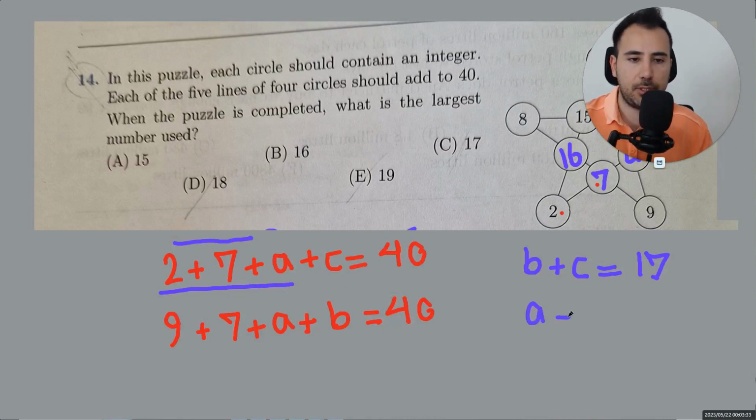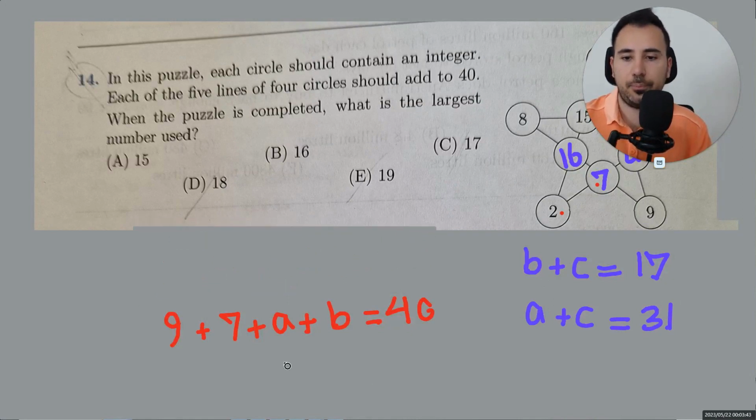So A plus C is 31. Again, I clean this one. This is 16. 40 minus 16 is 24. So A plus B is 24.